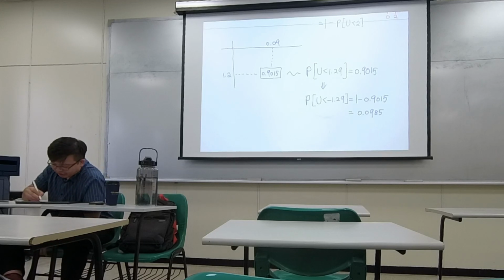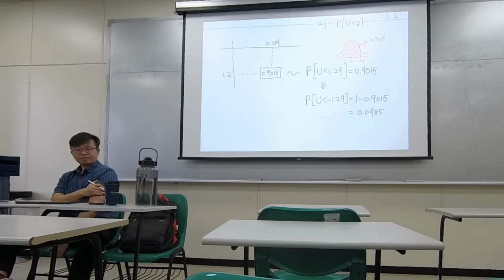Let's draw a figure. Here is 0, here is 1.29. This area is 0.9015.